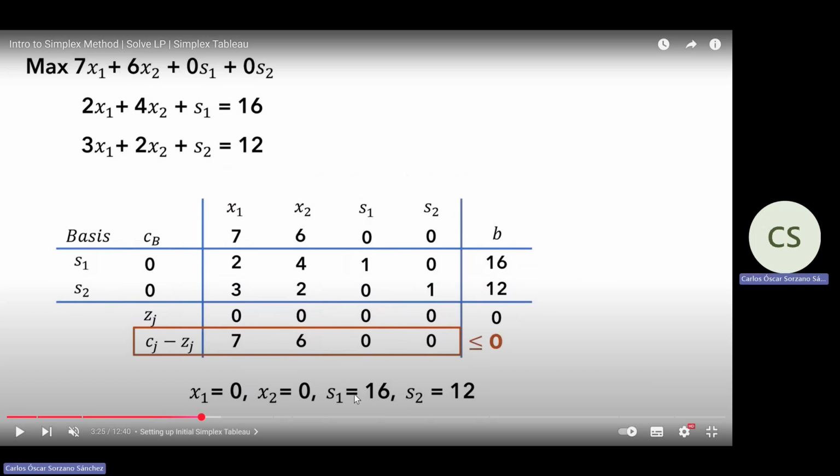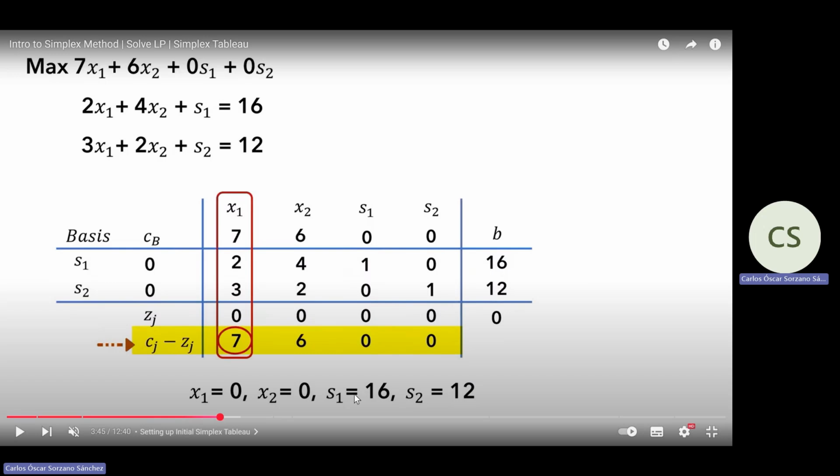We finish the algorithm if this line here is smaller or equal to 0. As long as you have positive values, you don't stop. This is not smaller or equal to 0, so you continue. Then you have to decide which variable is the most interesting to get into the basis. Actually, Zj was how much you have to give up, and this is the opposite: how much I'm gaining if I put x1 into the basis.